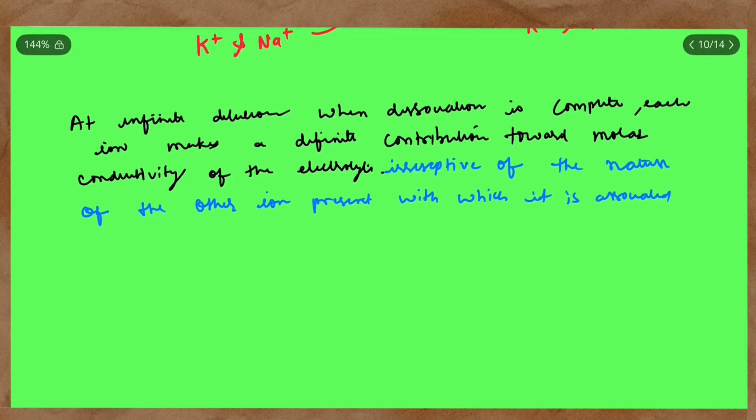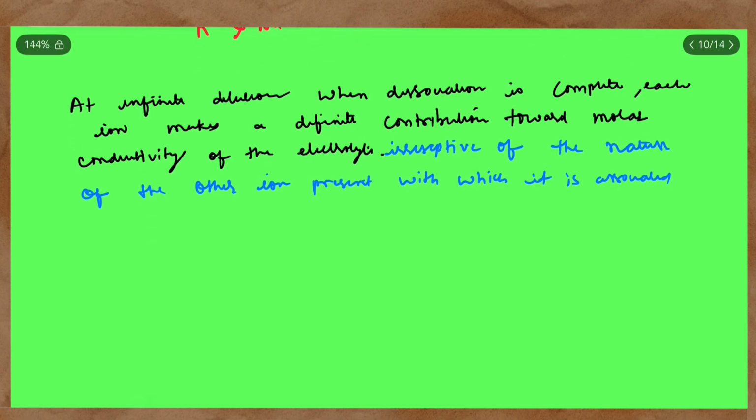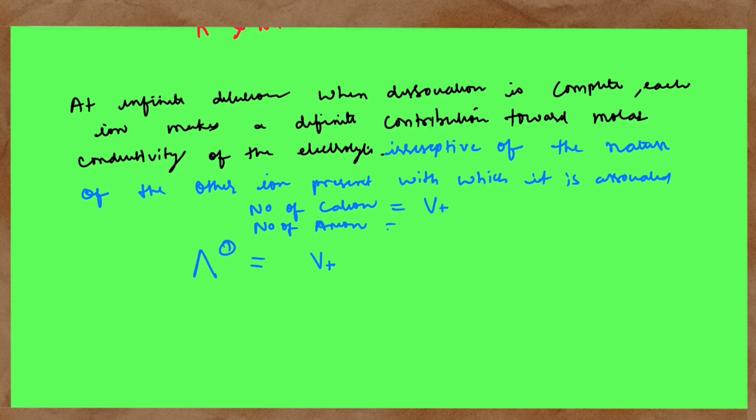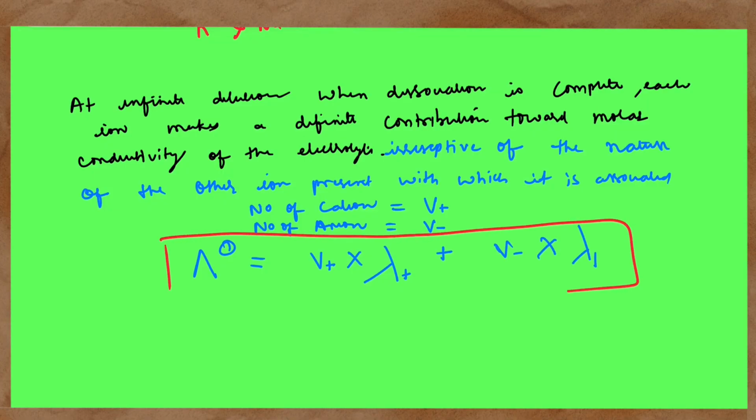So mathematically I can write that if I have the molar conductivity, it is the sum of the contributions. If I have a positive ion, I am representing the number of cations present as v plus, and the number of anions as v negative. So number of cations into molar conductivity of cation, plus number of anions into molar conductivity of anion. So this is a very simple formula.